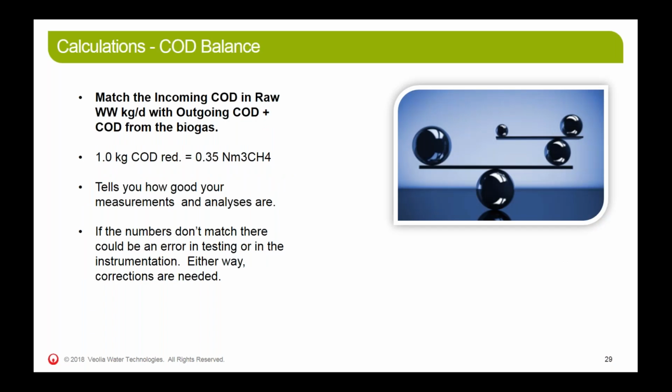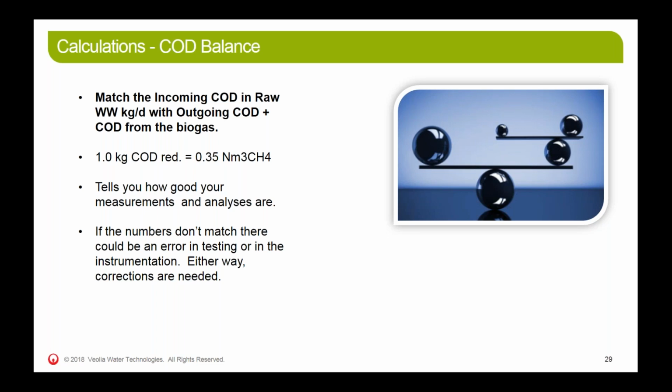Next slide. Another thing to look at is the COD balance. That's what we were talking about a little bit before. It tells you how good and how accurate your analysis is when you're looking at your COD in, your COD out, and the mass of your biogas. When you do that, it should come close. It's not going to be perfect. You're not going to get an exact value on a day-to-day basis.